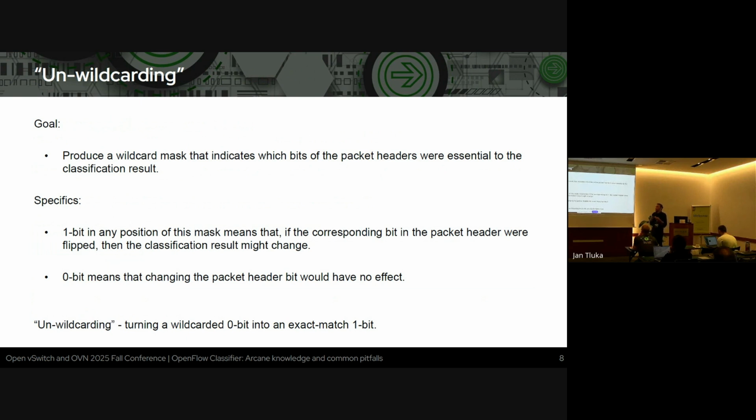So a 1 bit in any position of the mask means that this particular bit was significant, and if it changes in the header, then potentially the outcome of running this packet through the OpenFlow pipeline would change. 0 bits mark that those particular bits have no effect on the classifier processing. And unwildcarding, the term that we use internally in OVS, practically means just turning wildcarded 0 bits into exact match 1 bits.